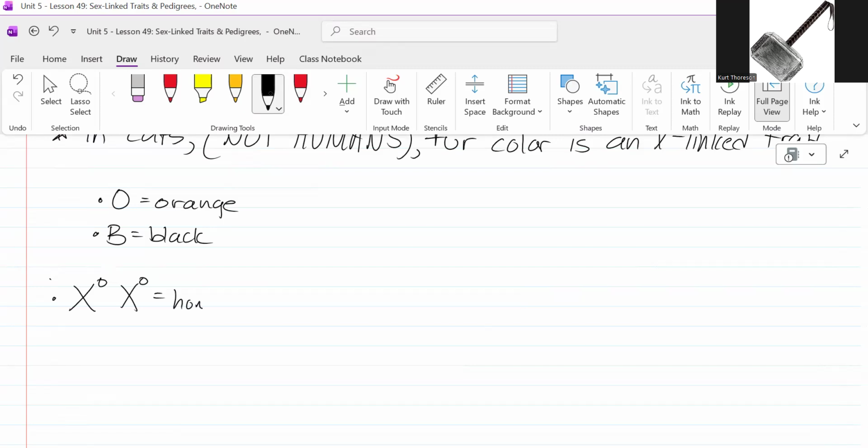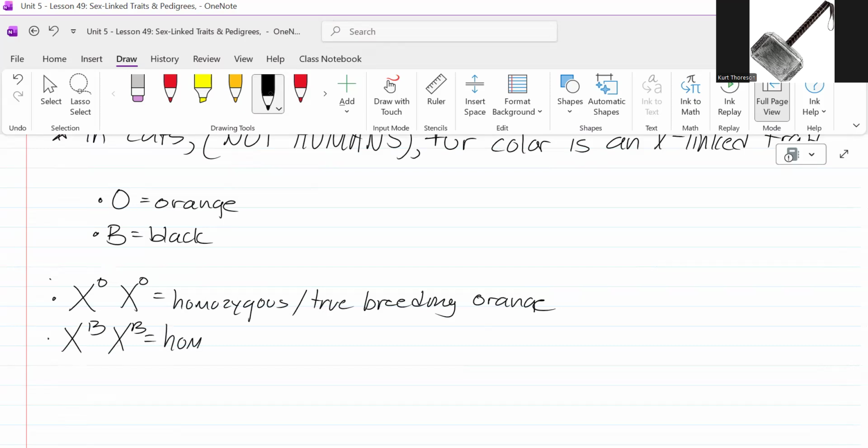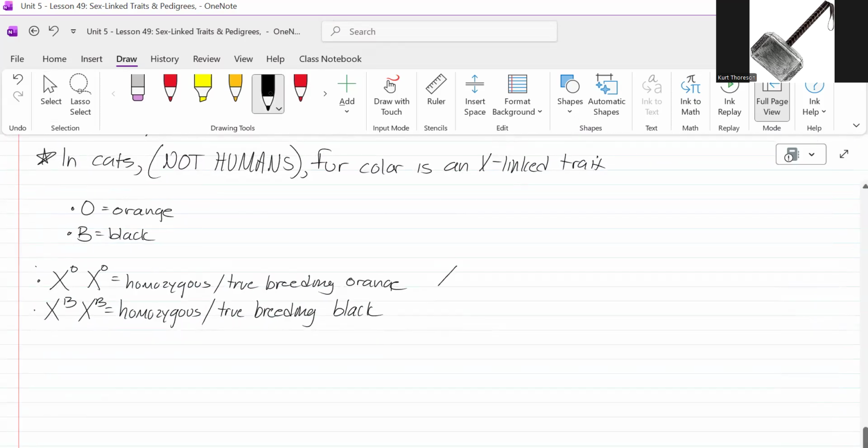She's homozygous, or you could say true breeding orange. Here's a female. She is homozygous, or you could say true breeding black.